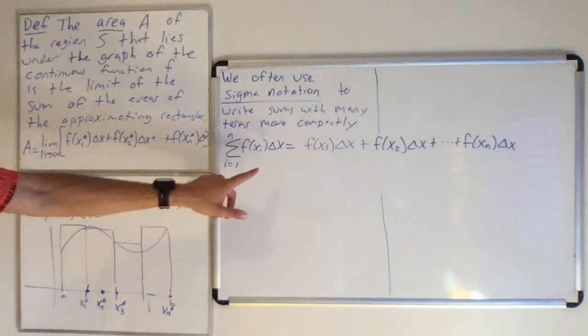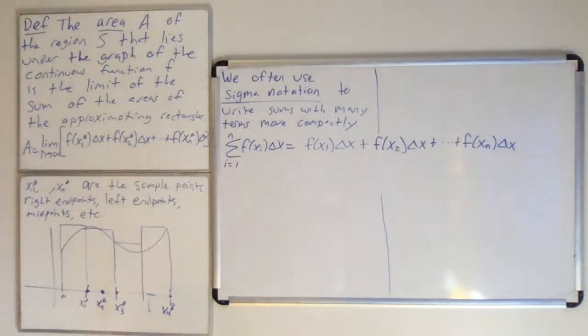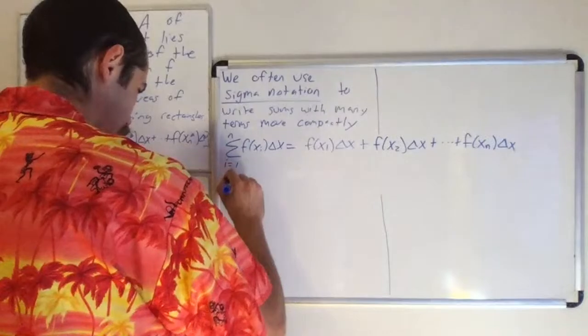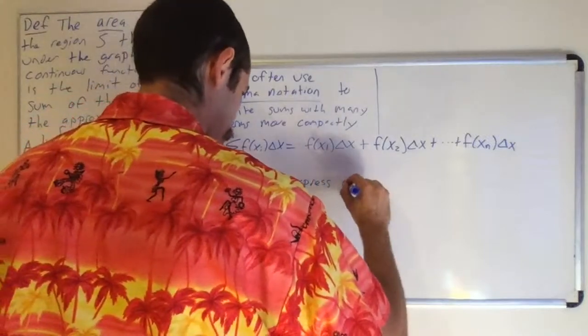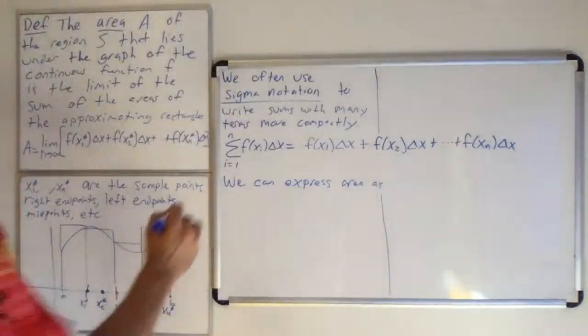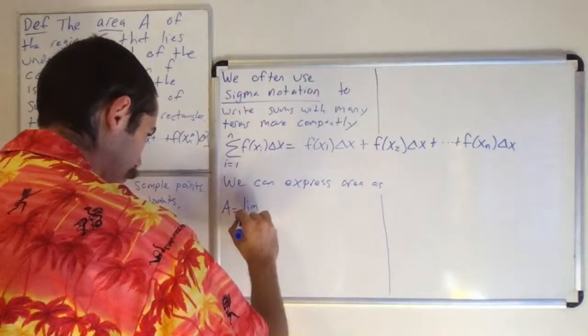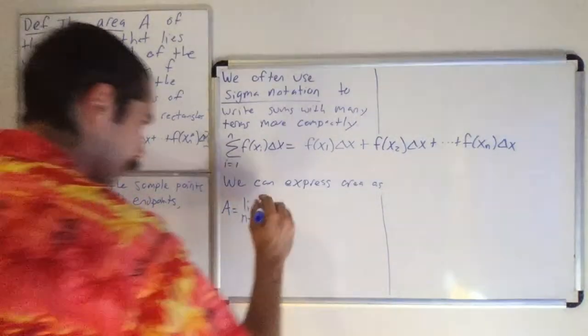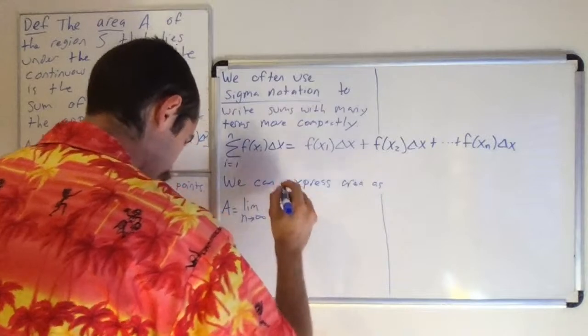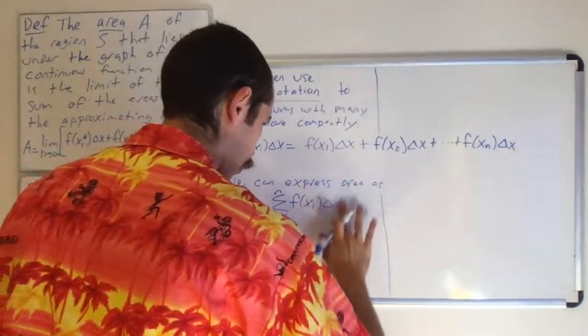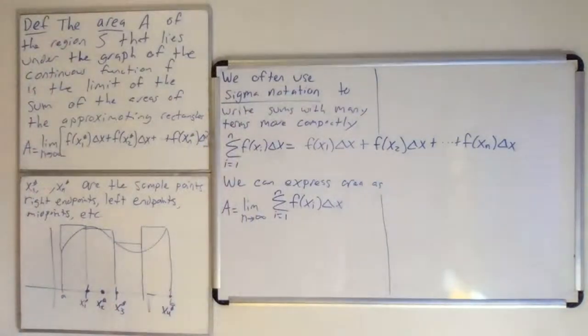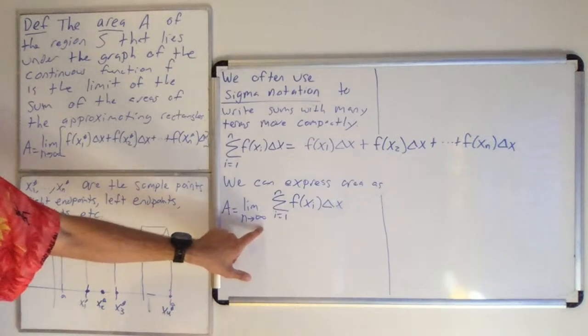Okay, so combining the definition of the area with our sigma notation, the area under the curve is the limit as n goes to infinity of the sum.